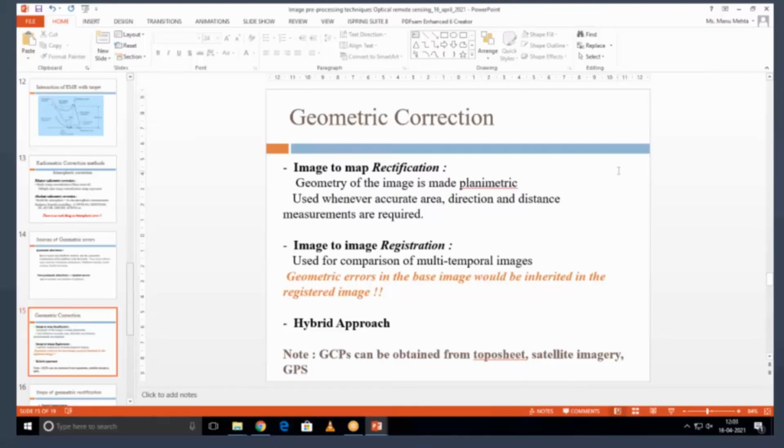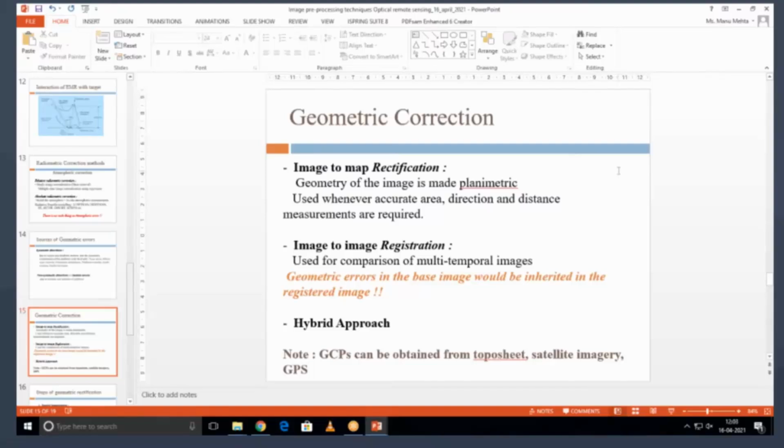So your master image becomes the topo sheet and your slave image becomes the raw data. Using this information of latitude and longitude on the base image, you give the planimetric geometry to the image to be corrected, that is your raw data. Whenever we require accurate measurements of direction, area or distances, we need to go for rectification.